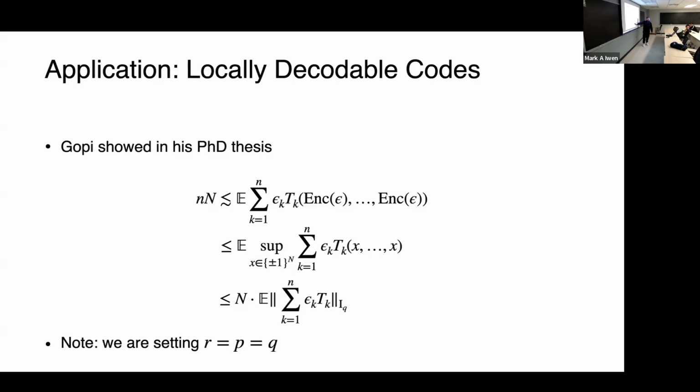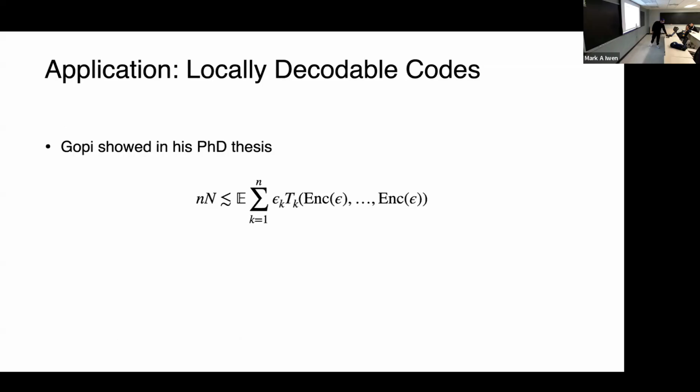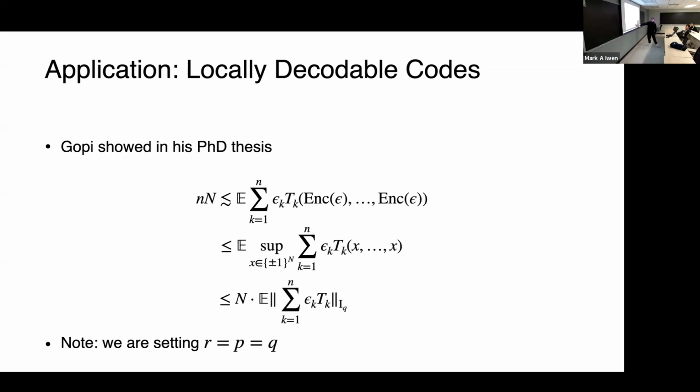Then I can upper bound that by the expected LQ injective norm. Notice here that we're setting R equal to Q to P. So the order of the tensor and the LP norm we're computing are the same in this example. That's a valid upper bound in general for any Q.